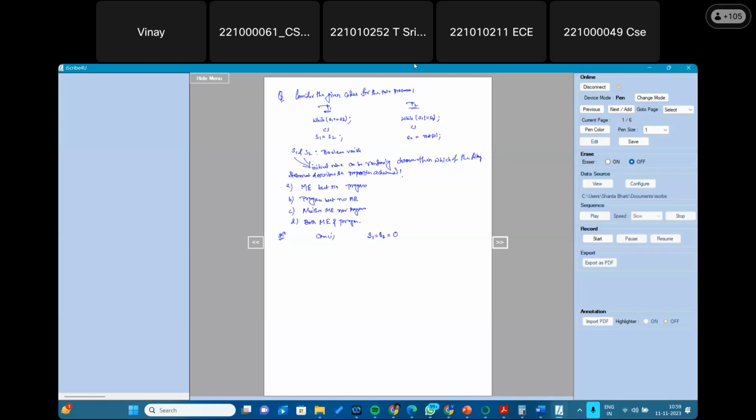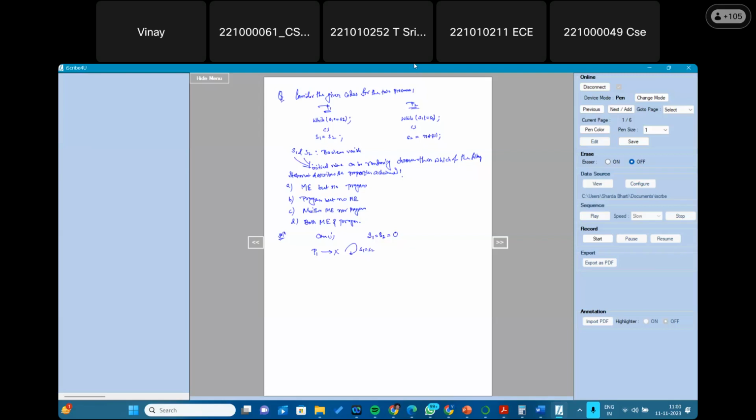Exclude P1: while S1 equals S2, means if both values are equal, P1 will not be allowed to enter its critical section. It's an infinite loop due to S1 equals S2. Then we check whether P2 will execute.